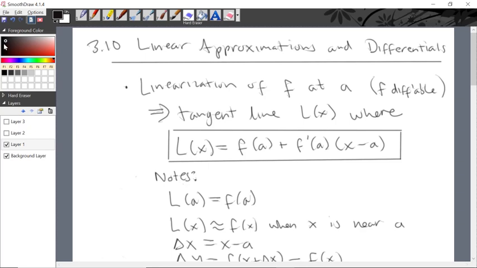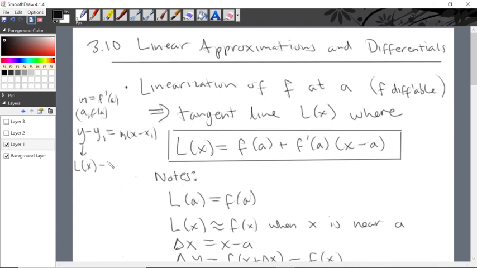And the equation of a tangent line in point-slope form, at a point a, f of a, where the function is differentiable at a: point-slope form is y minus y1 equals m times x minus x1. If we're at the fixed point a, f of a, and the slope is equal to f prime of a, then let's name the output from our tangent line. We'll name that L. L is a function of an arbitrary input x.